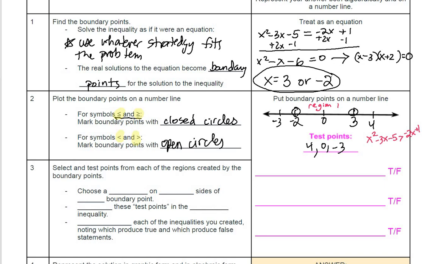So I'm going to plug 0 into that. 0 squared minus 3 times 0 minus 5 greater than negative 2 times 0 plus 1. This becomes negative 5 greater than 1, which is false. That's not a true statement. False.